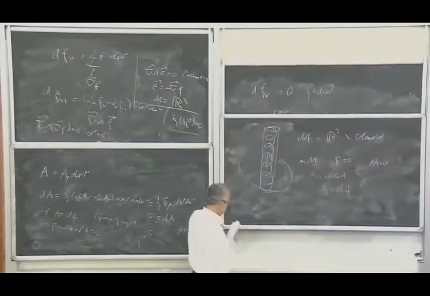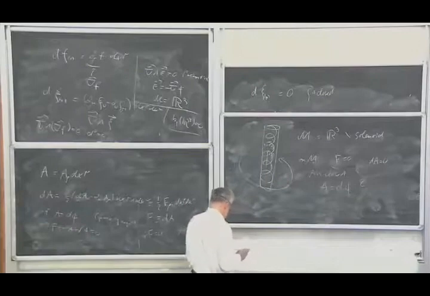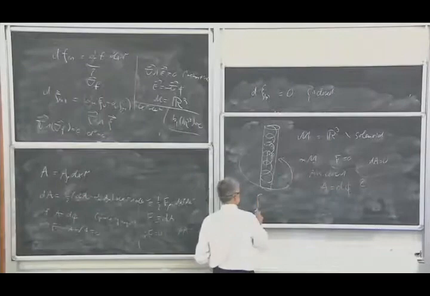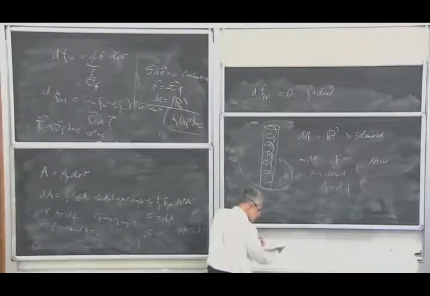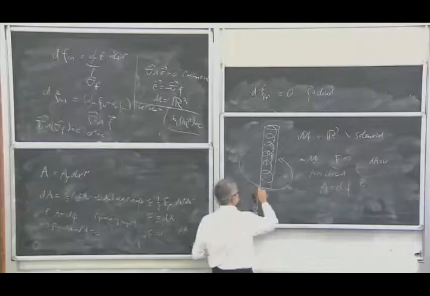Suppose A were pure gauge. Well, if A were pure gauge, then I could compute the circulation of A around this circle.